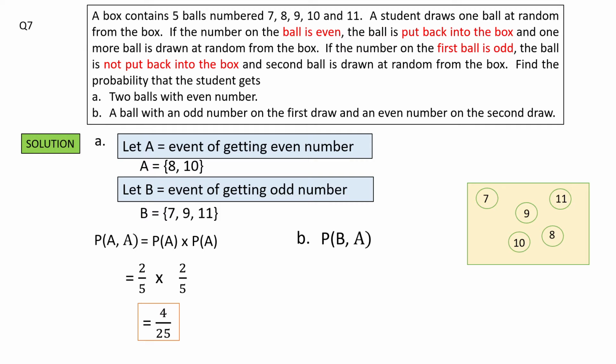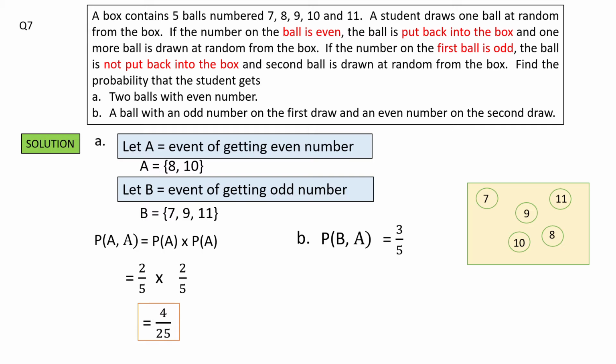So that is getting an odd number, event B, and for the second draw we must get an even number, that is event A. So probability B and A equals, the probability of getting an odd number for the first time will be 3 out of 5. Now remember, if the first ball is odd, the ball is not put back into the box.